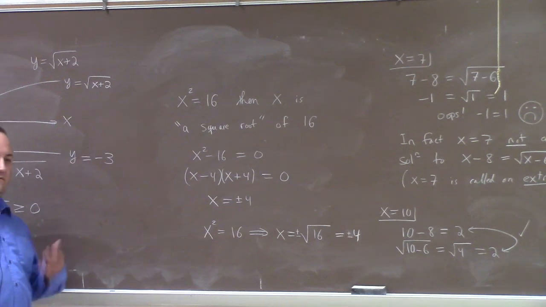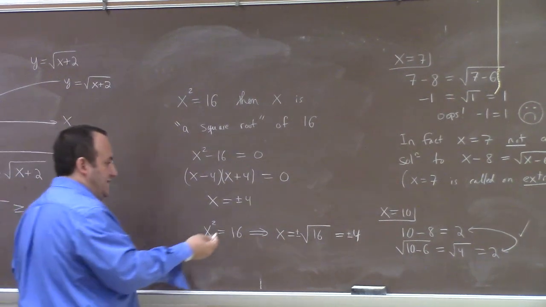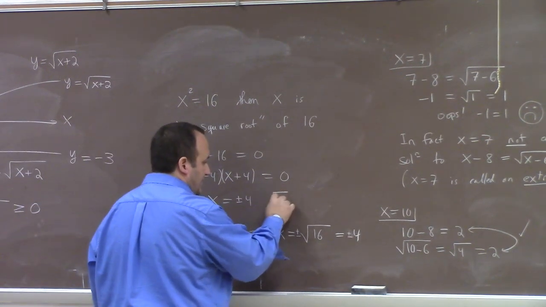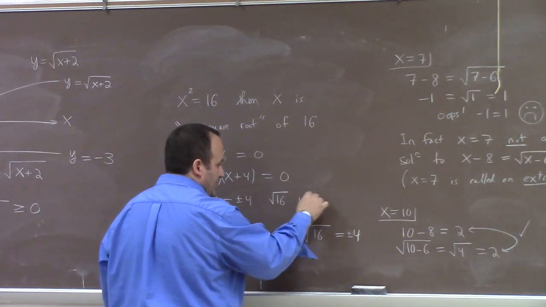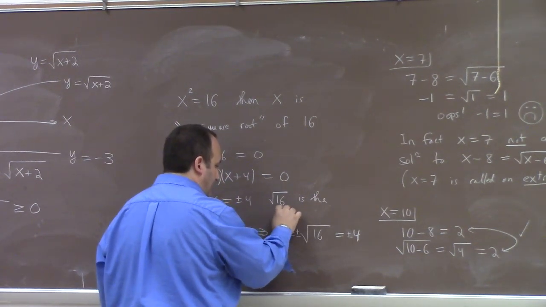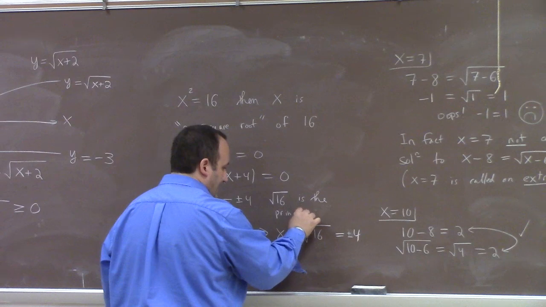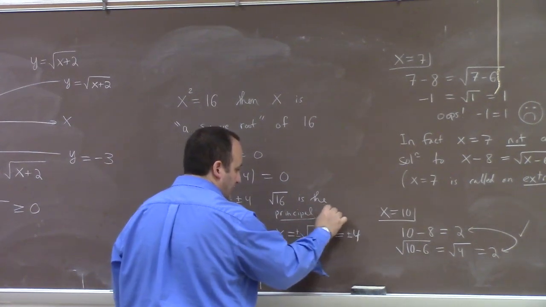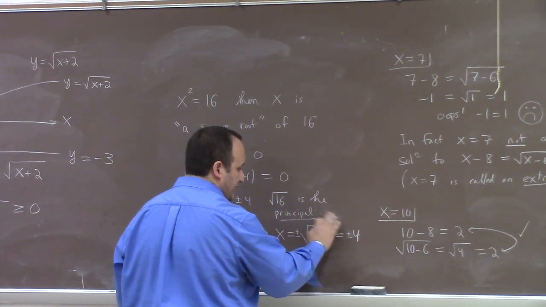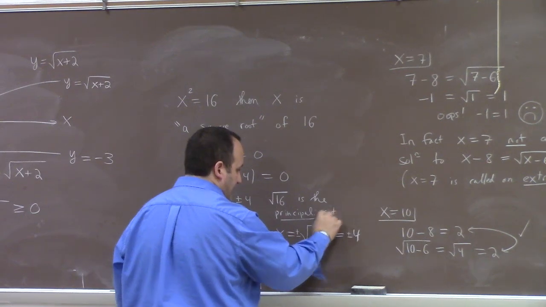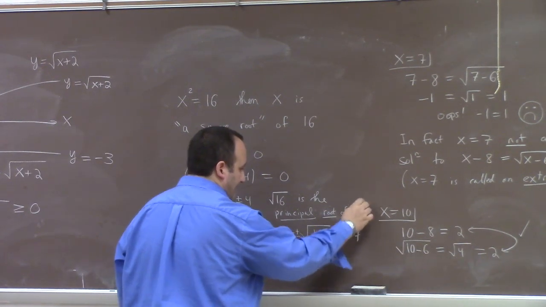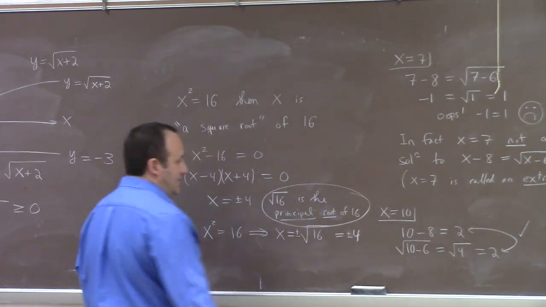So there's terminology. The square root of 16 is the so-called principal square root, or principal root. I'll just say principal root of 16, or principal square root of 16.